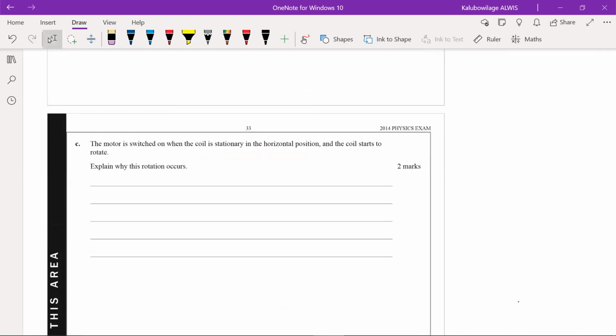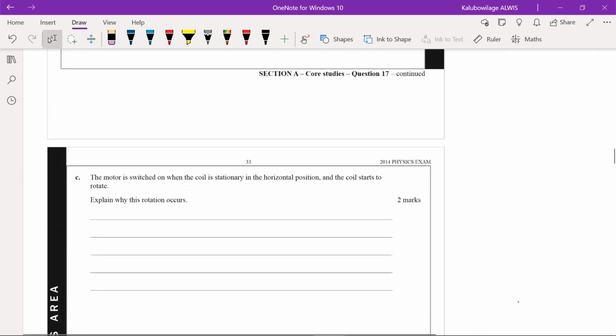The motor is switched on when the coil is stationary. The coil starts to rotate.